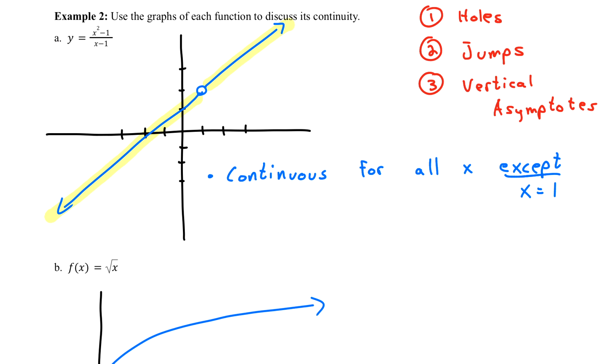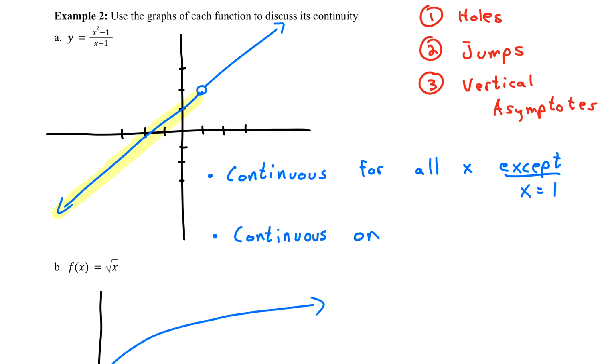However, I'm really going to encourage you to talk about these types of problems using interval notation. So if I were to talk about where this function is continuous, this function is continuous everywhere on the left-hand side of that hole. So I'm going to hold off on that, and I'm going to say, okay, this is continuous on.